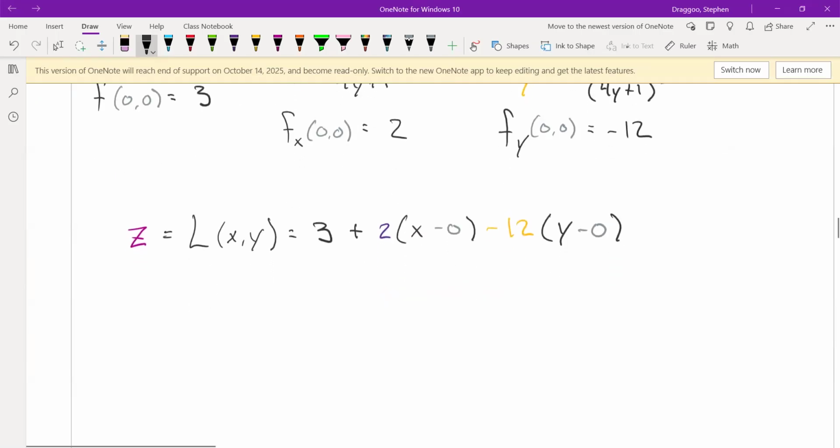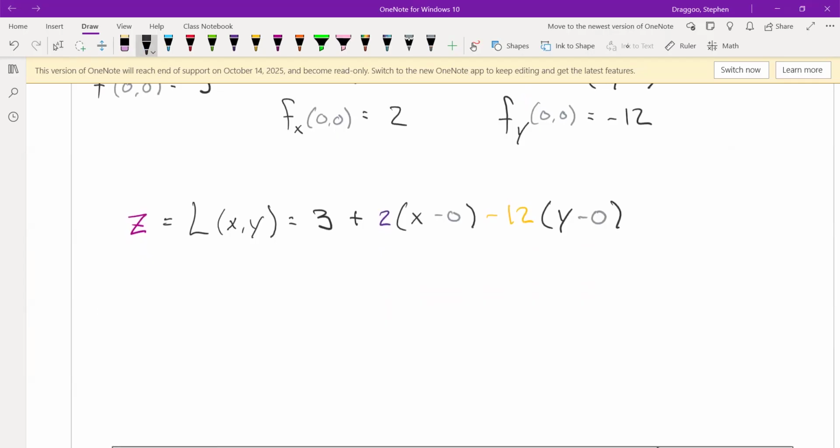So f of 0.1, -0.2 is approximately equal to the linearization at 0.1, -0.2. There we go.